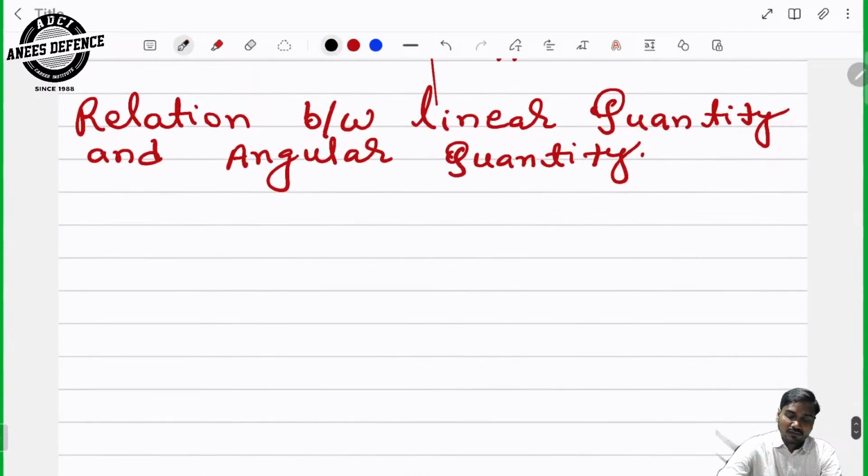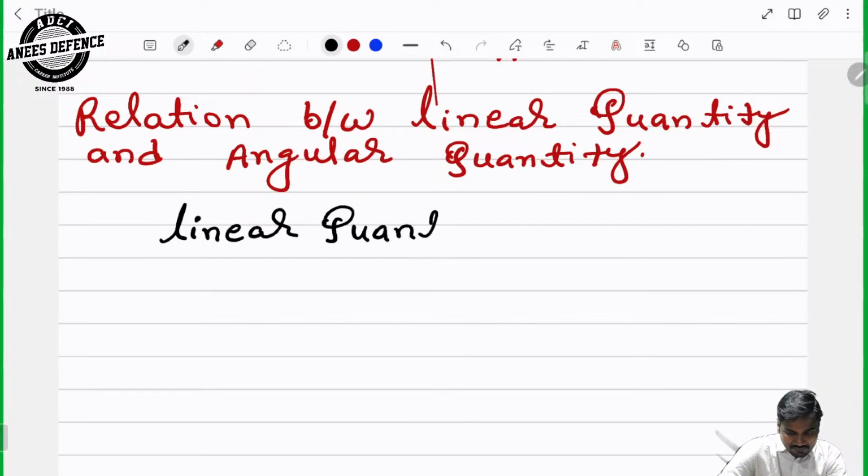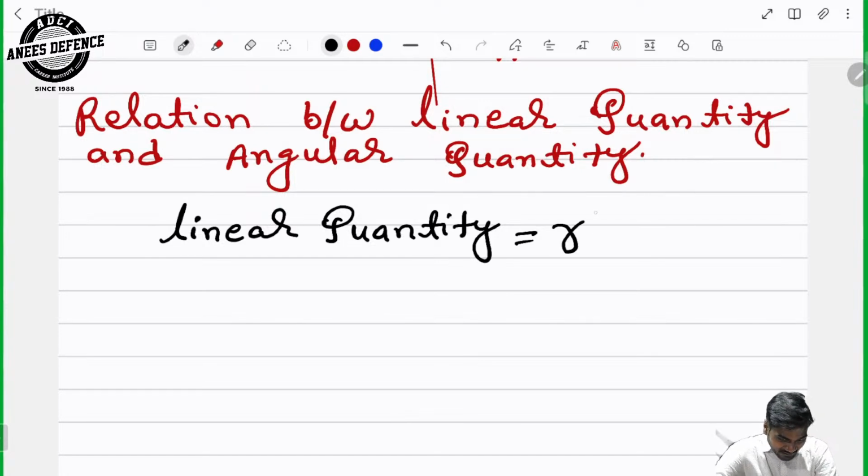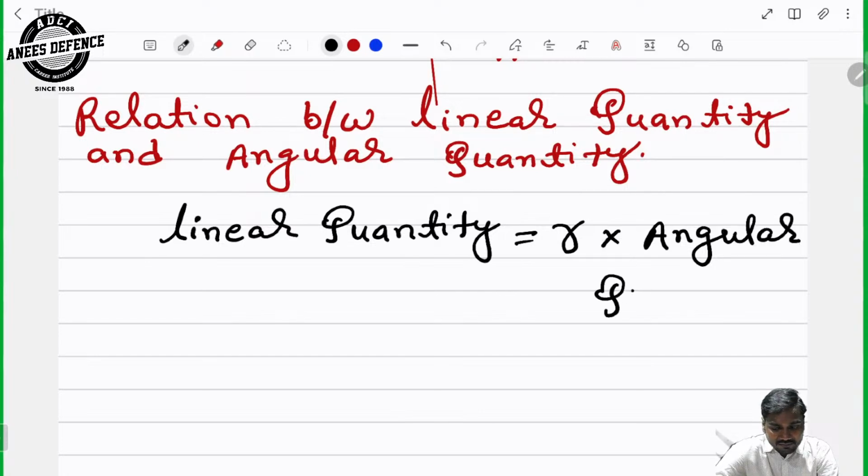Listen. Linear quantity is equal to r times angular quantity.